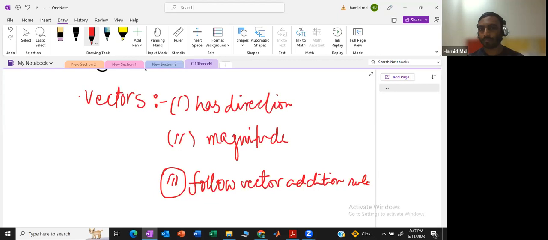Are you happy with these definitions? Okay, so you are aware of direction and magnitude, but you are not aware of the vector addition rule, right?